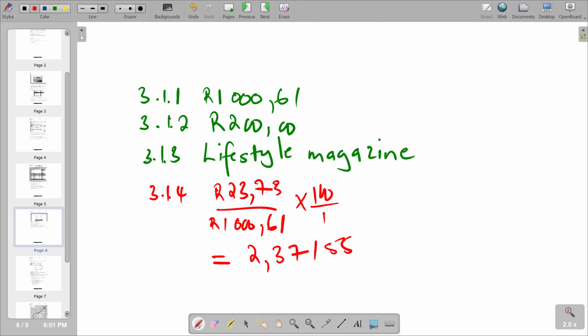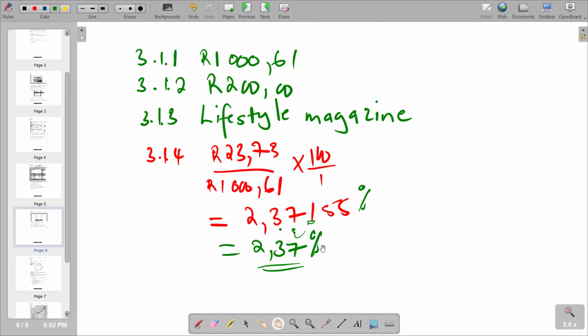We need to round it off to two decimal places. There is a 1 behind our 7, which is not going to change our 7, so it remains 2.37. So if you convert to a percentage, it becomes 2.37 percent.